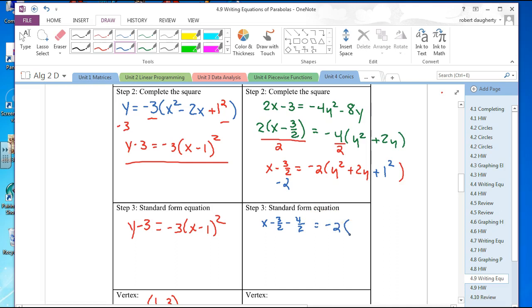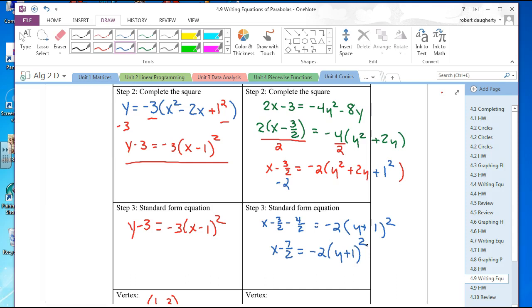Y plus 1 squared. So this is what's on the left. Yeah, x minus 7 halves equal negative 2 y plus 1 squared. Which way does this parabola open? It's horizontal, opening to the left, okay?